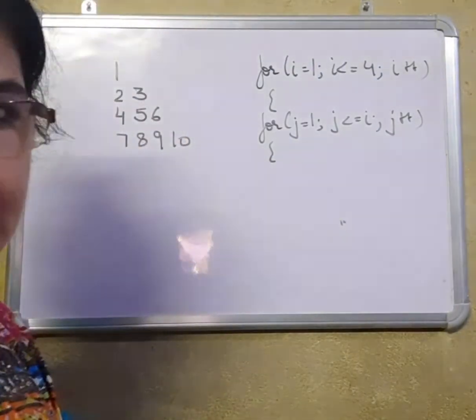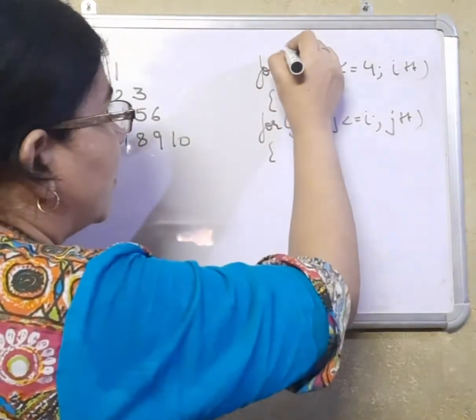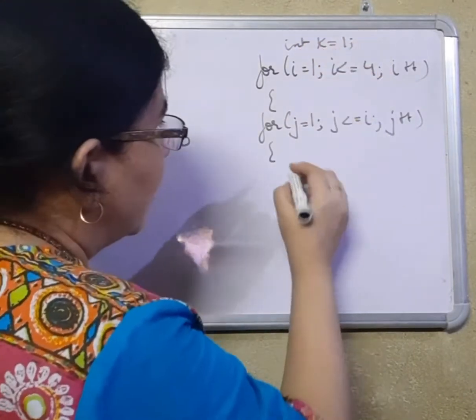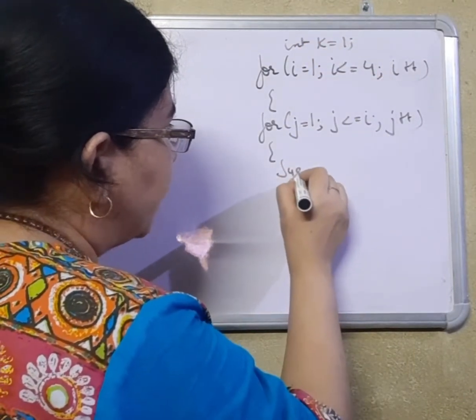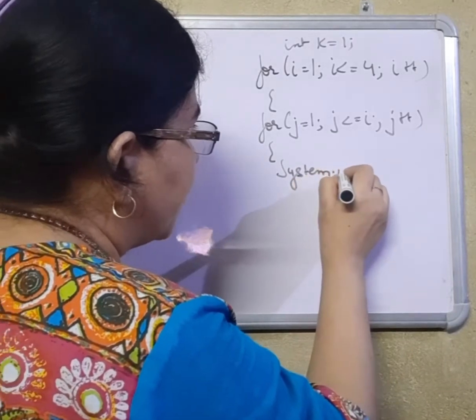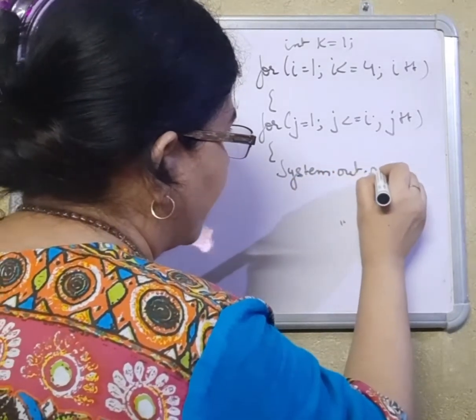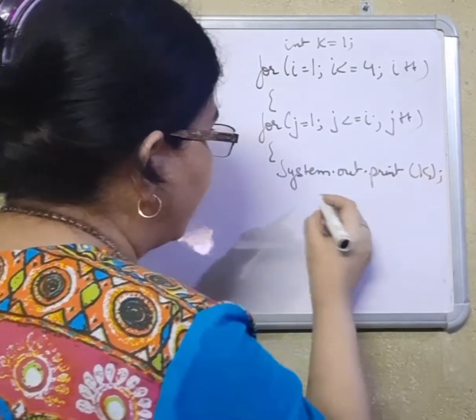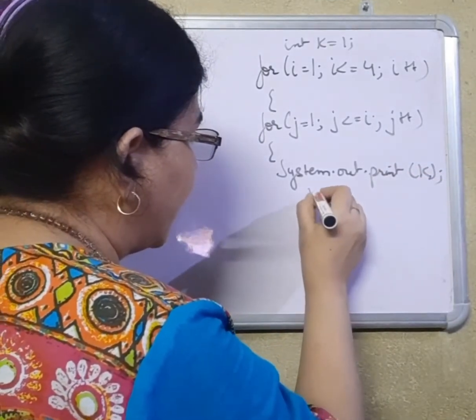None of them. We will be using an extra variable at the top like k is equal to 1. Inside j, we will be printing with system.out.print k. And we keep on incrementing the value of k.